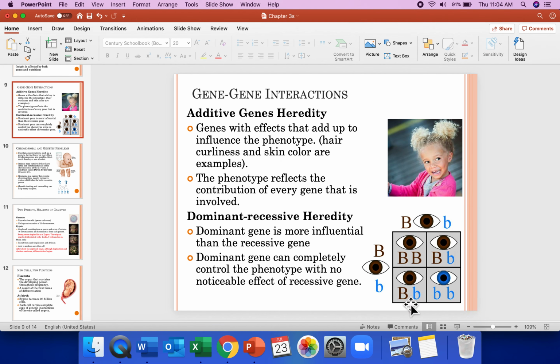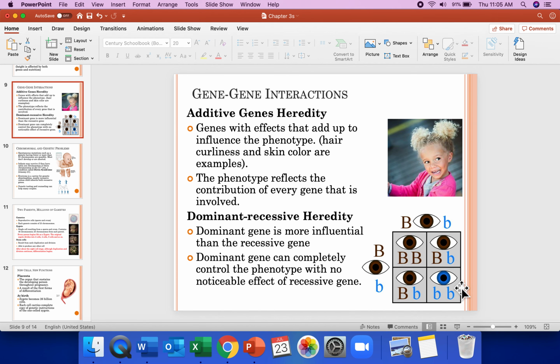And they will have 50% of children that will have brown eyes in the genotype. So they are, in the phenotype, brown-eyed when you look at them. But inside genetic makeup, they're carriers of the blue gene. Then they will also have a 25% chance of having a blue-eyed child.